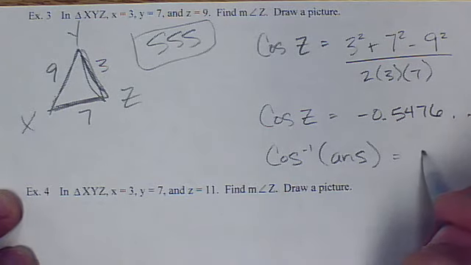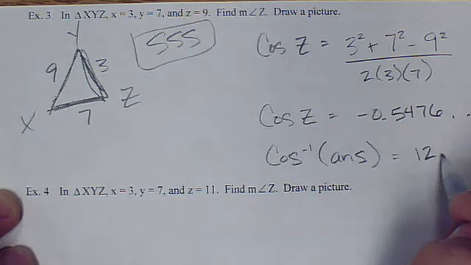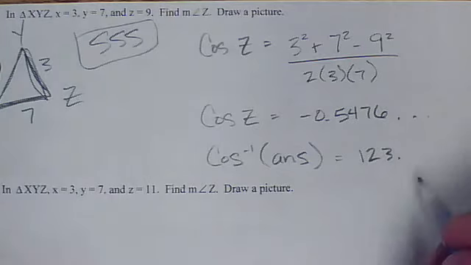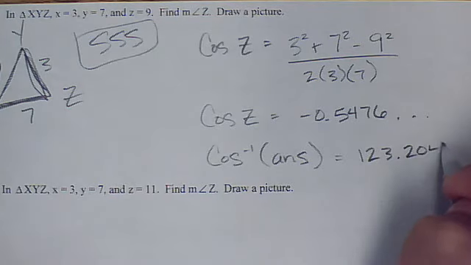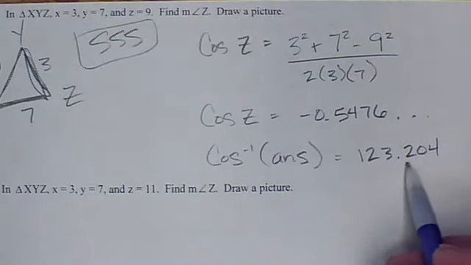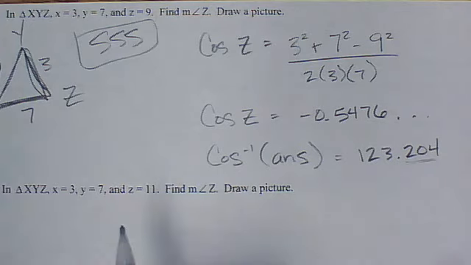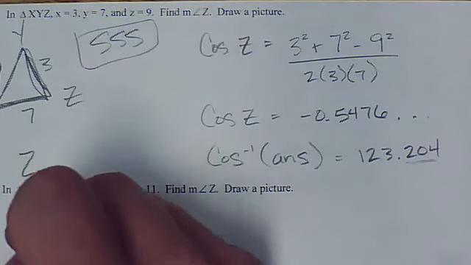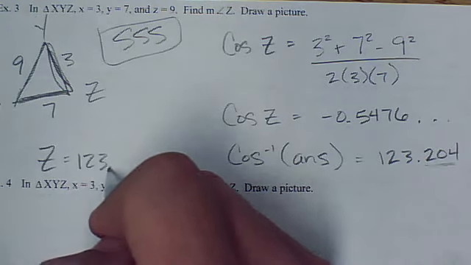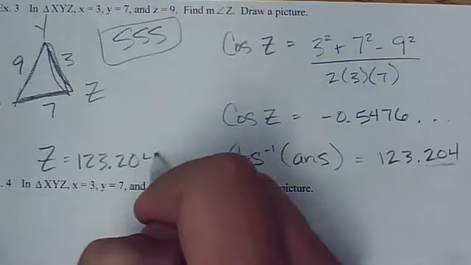The angle is 123.204 degrees. Now everything in this unit, we're going to be rounding to the nearest thousandth, so 3 decimal places. So angle Z is equal to 123.204 degrees.